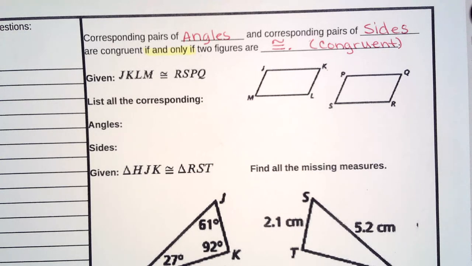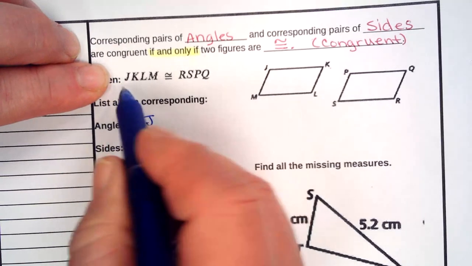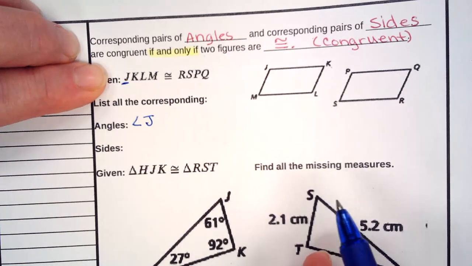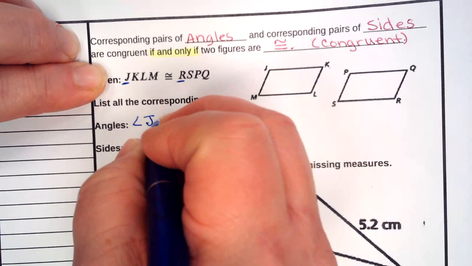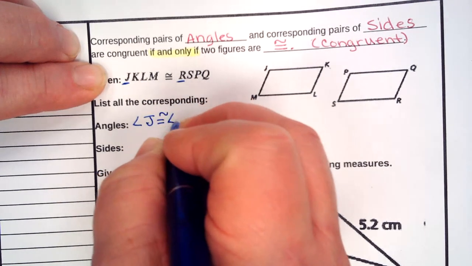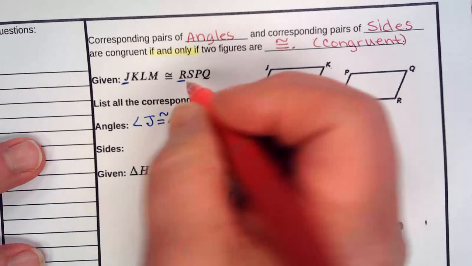So you're given that the quadrilateral JKLM is congruent to the quadrilateral RSPQ. So we're going to list all the corresponding angles. If I start with angle J, J is the first one. Over here, R is the first one, so it's congruent to angle R. What if I start with angle S?